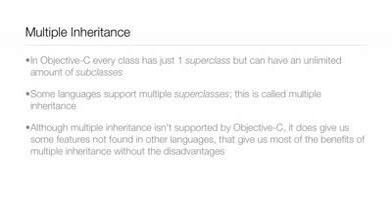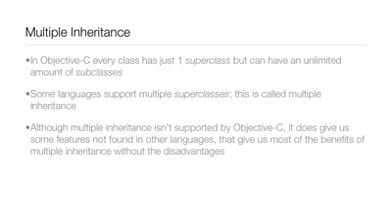Now, multiple inheritance. In Objective-C, every class has just one superclass, but can have an unlimited amount of subclasses. This may sound like an odd limitation, but think about it in this way. Every person only has 2 parents, but can have an unlimited amount of children. But in Objective-C, you can have, I guess, only 1 parent, but you can have an unlimited amount of children or subclasses.